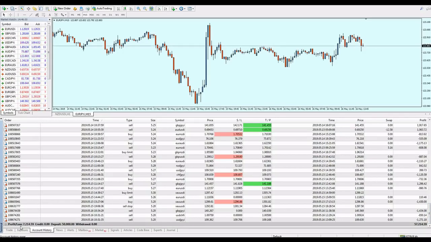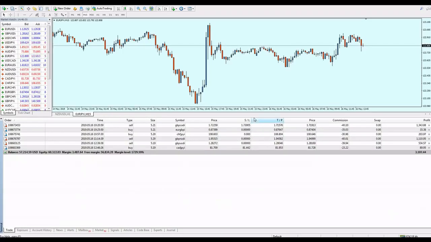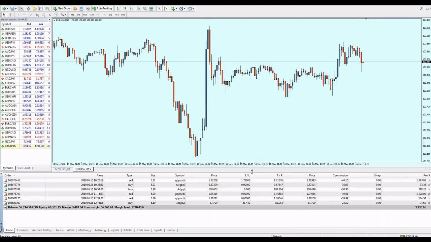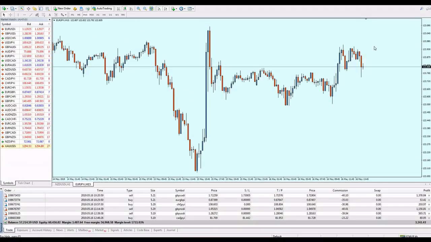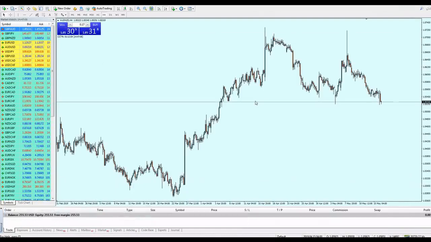Since we started this service 3 weeks ago, the account is still at about 15 to 20% profit. So everything is good and the service is running well, and I'm very excited to start using it with everyone, so everyone will benefit from it.